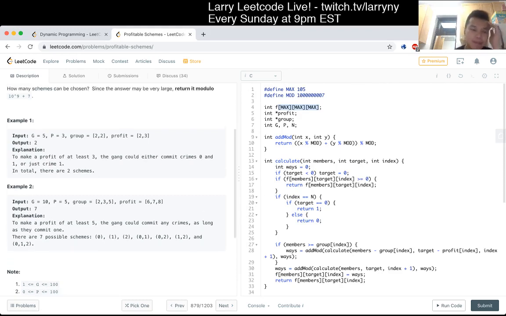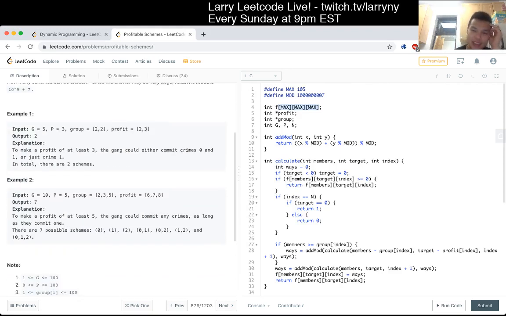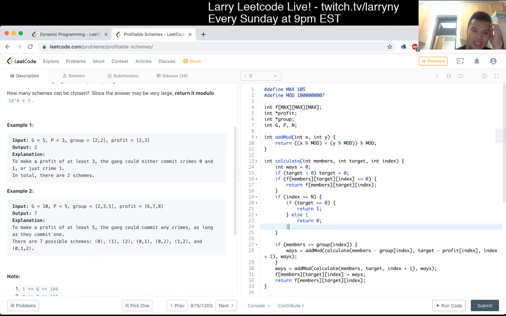This is actually similar to the coin change problem, except that instead of subtracting from what, yeah, actually, I think that's a better way of looking at it. I did the coin change problem, and I think I tried to explain it, but I don't know if I did that well of a job.